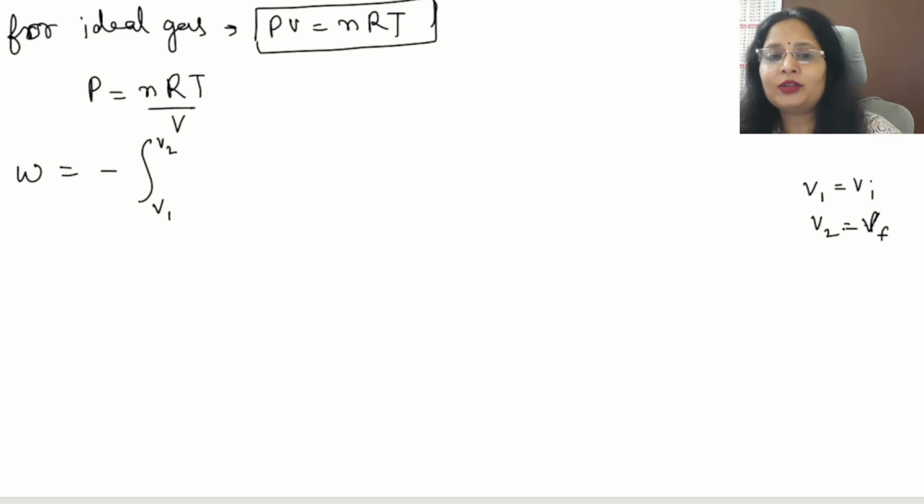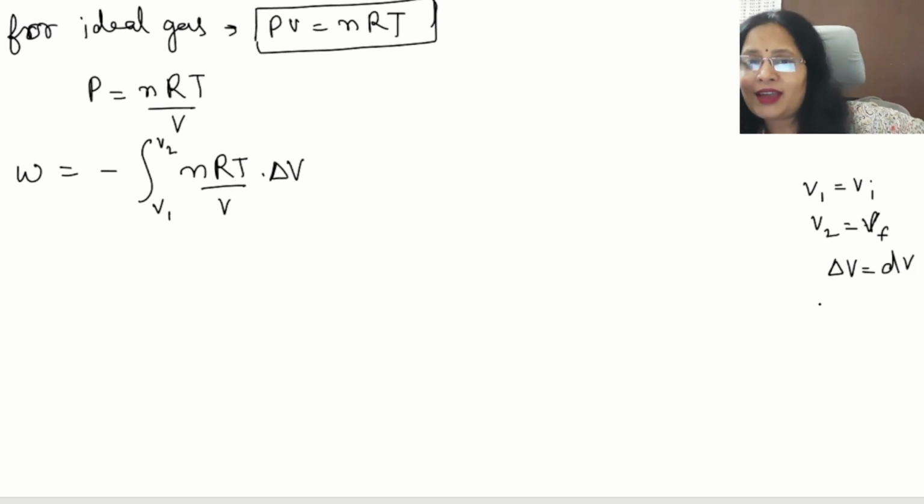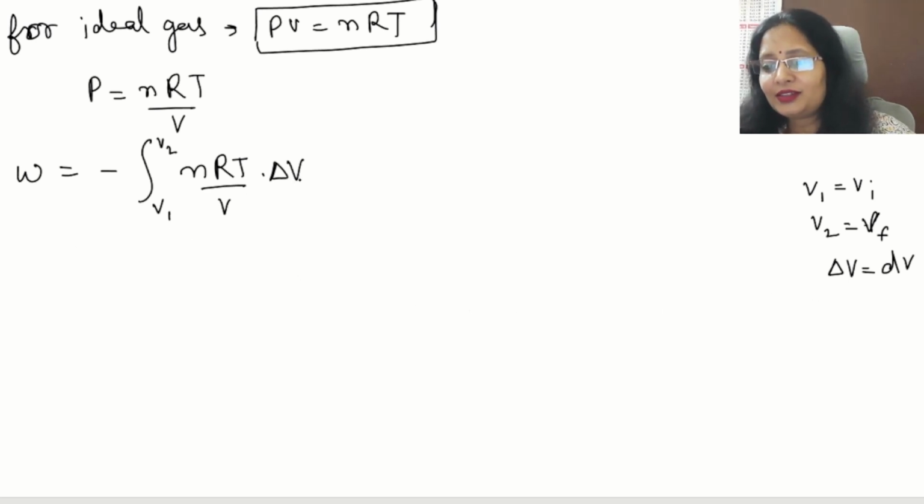So now we are going to write V1, V2. So it is clear. Now in place of P, we will write nRT upon V into delta V. And one more change we are going to do, that delta V we will change to dV, because in the books, as I told earlier, it is mentioned delta V, both are the same thing. So this is the equation now.